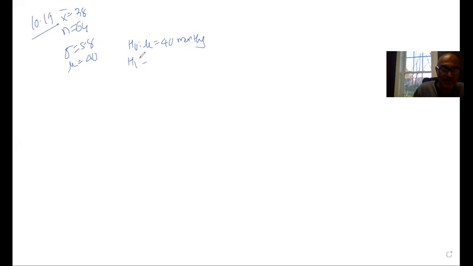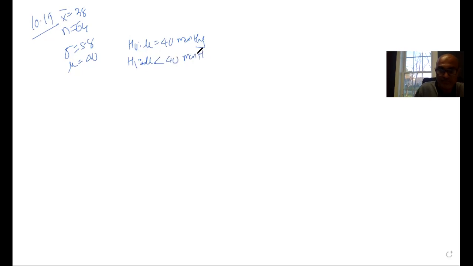So example 10.19, as I told you, my X bar is nothing but 38. My N is 64 in the example. Sigma is 5.8 and my nu is 40. I would like to write my H0: nu is equal to 40 months, and H1: nu is less than 40 months.